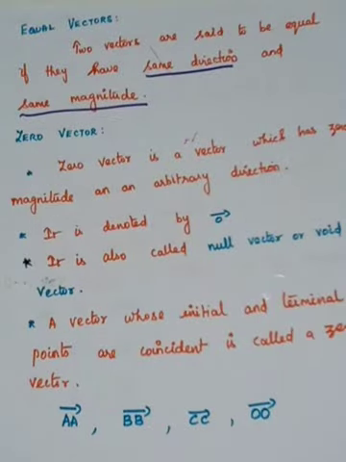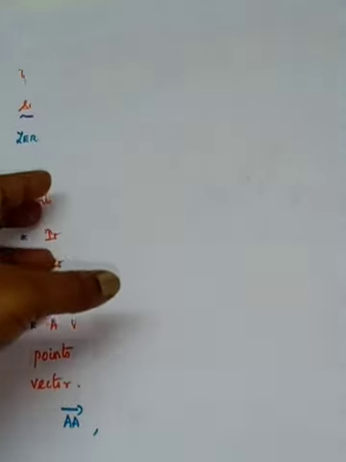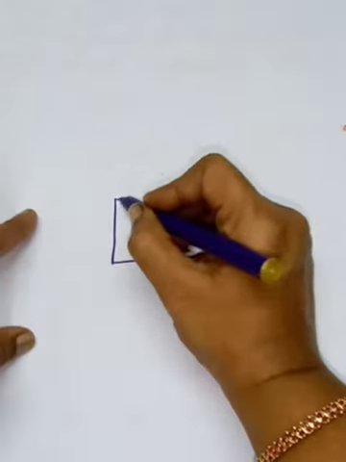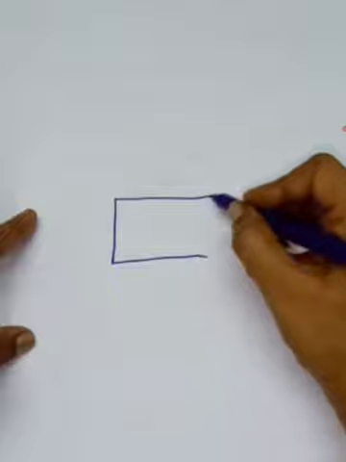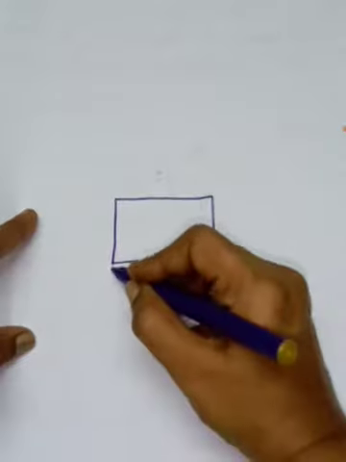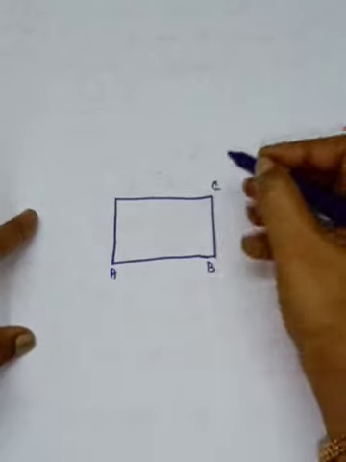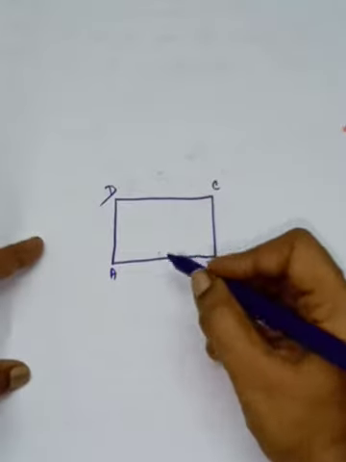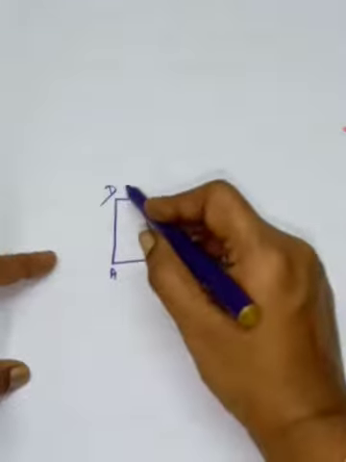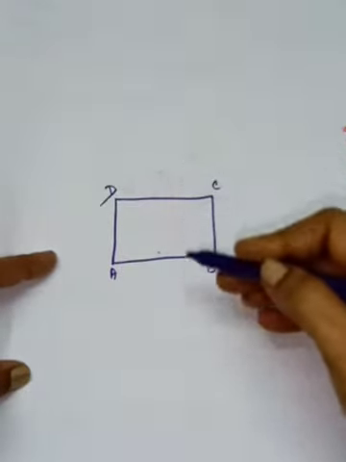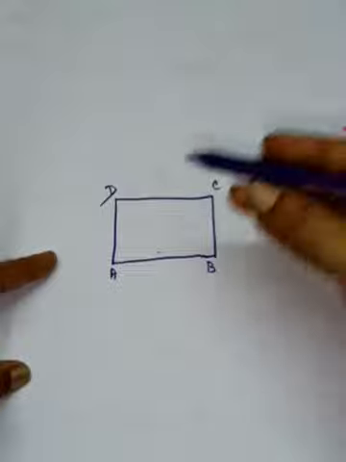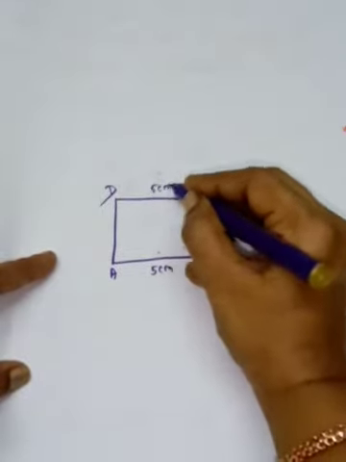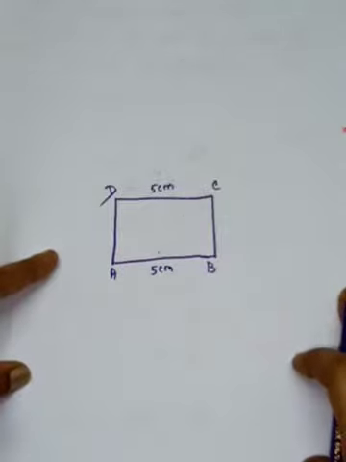Here I'm going to draw a rectangle. So ABCD is the rectangle. Here you know that AB and CD are equal in length. The magnitude: if AB is 5 centimeters, then DC is also 5 centimeters. So length-wise they are equal.